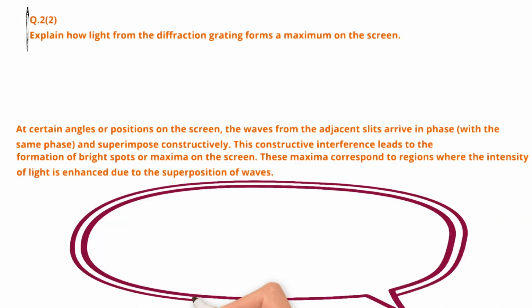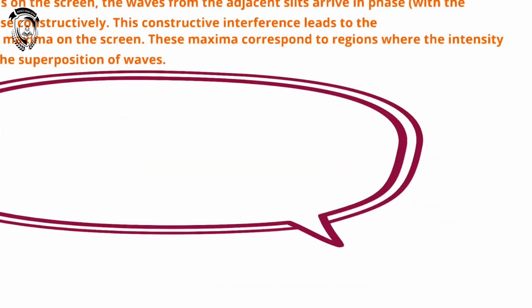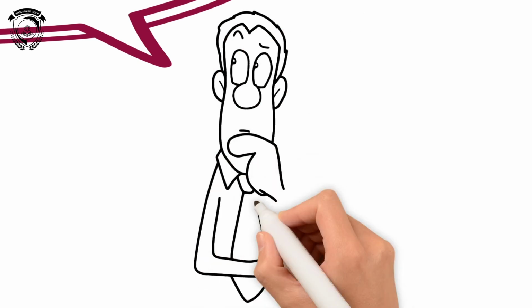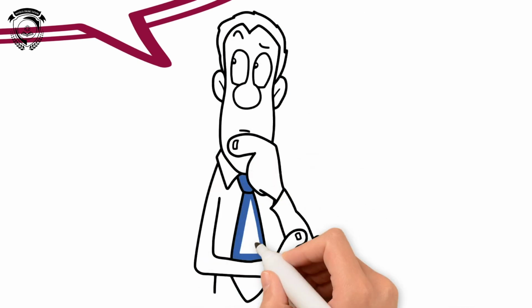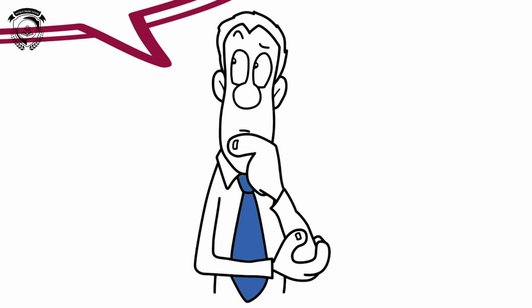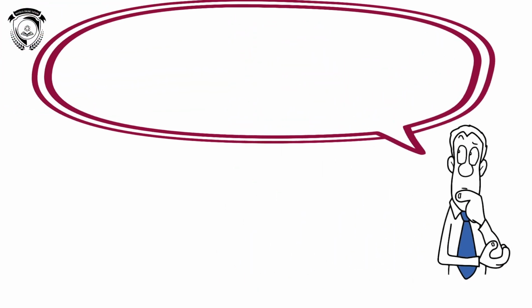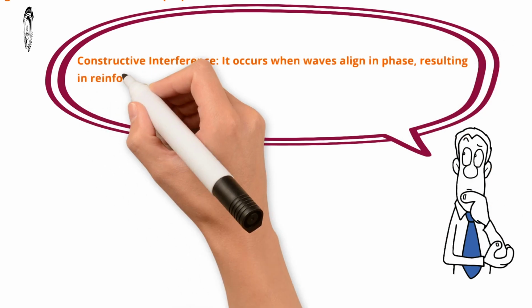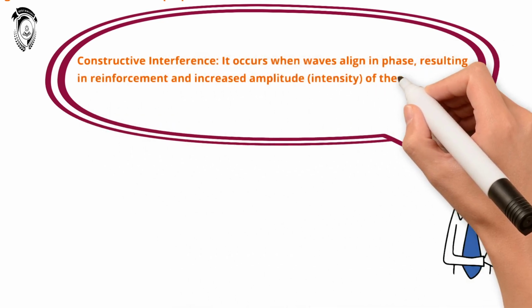Recall what constructive interference is. Constructive interference is when waves align in phase, and that results in reinforcement and an increase in the amplitude of the resultant waves. So this is what gives us the maxima on the screen.